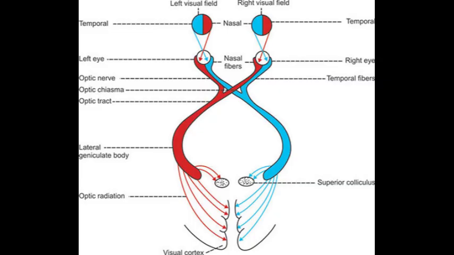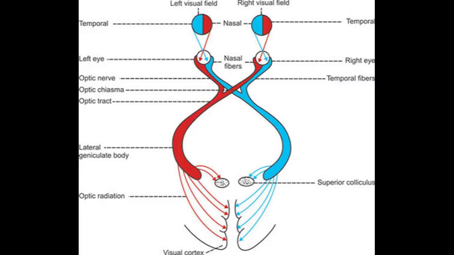So therefore, beyond the optic chiasm, each optic tract contains crossed fibers and uncrossed fibers that relay visual information from the contralateral visual field. Now, the optic tract continues to the lateral geniculate body, and beyond the LGB, the optic tract continues to carry visual information from the contralateral visual field to the primary visual cortex in the occipital lobe.